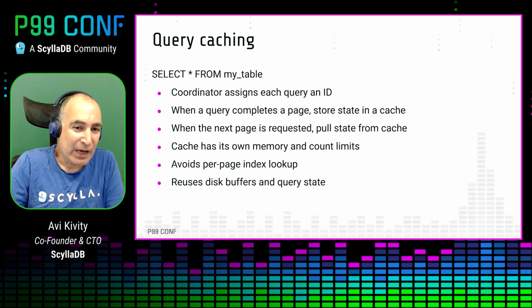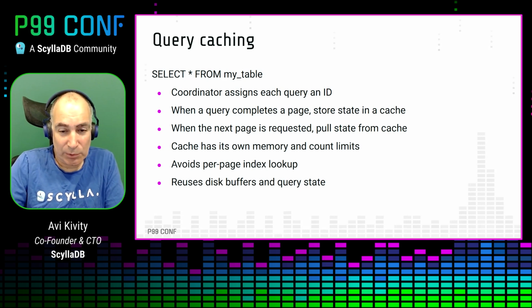We have an ID that is assigned by the coordinator, and it's also sent to the client so that we know how to keep track of it. We don't need to store the state anywhere. And when the next page is requested, we can look up in a query cache the query from the previous page and just complete from the point where we left off.